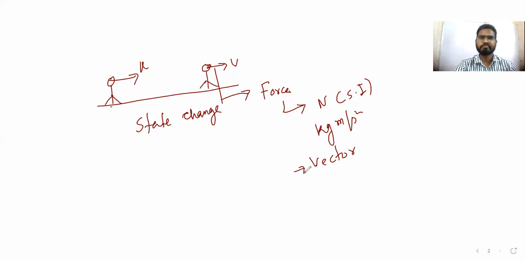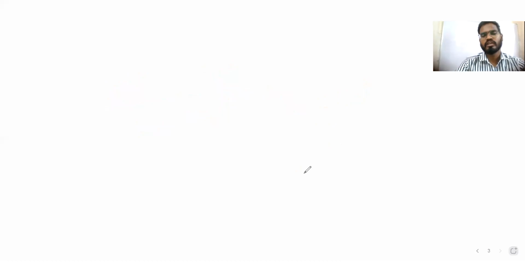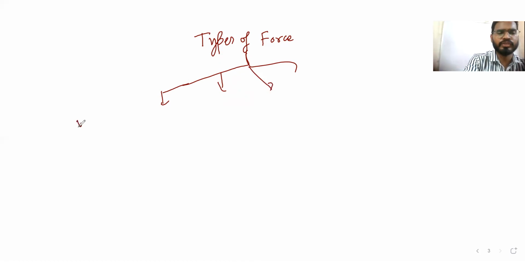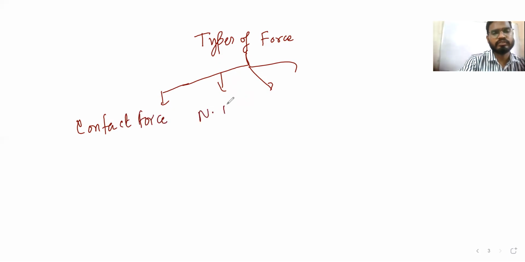Fine. If we are learning about force completely, then we should know what the types of forces are. Four major types of forces are there, which we are going to discuss: contact force, non-contact force, weak force, and then nuclear force.